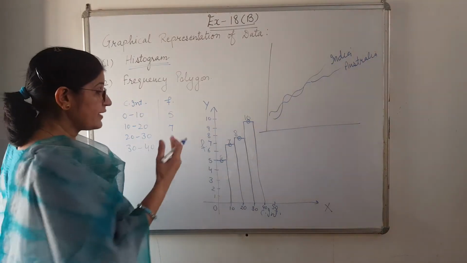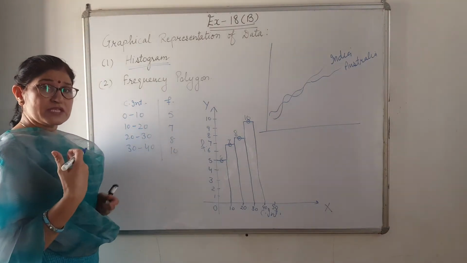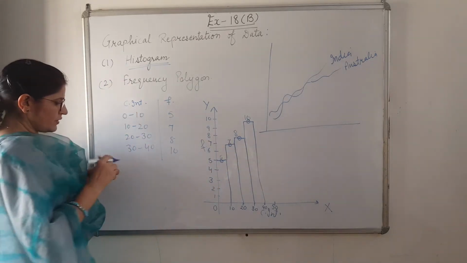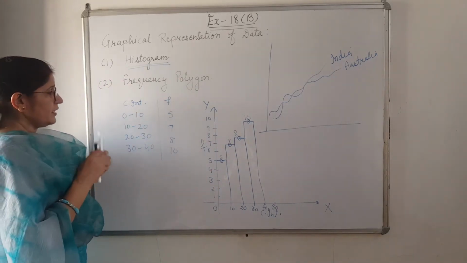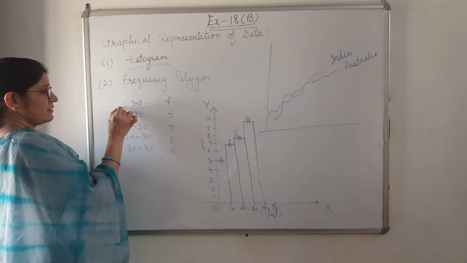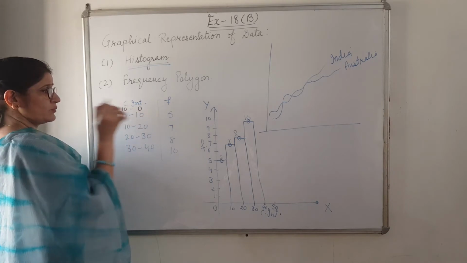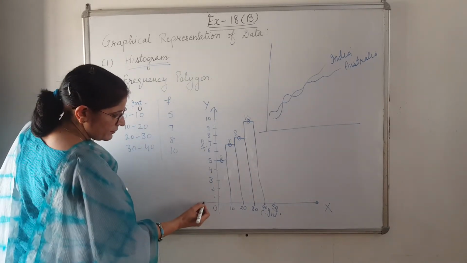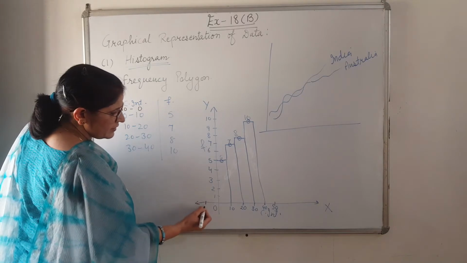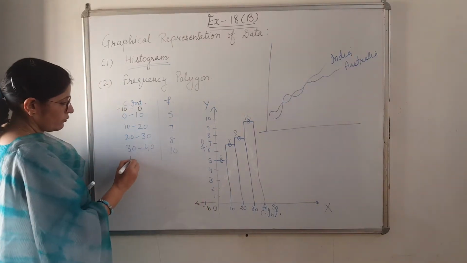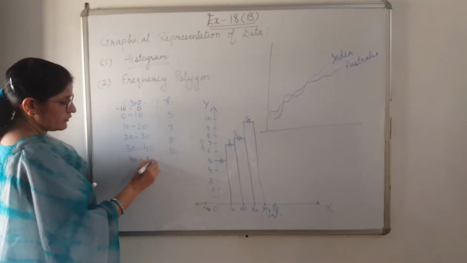No. We have to take one previous class interval and one next class interval. Previous class interval: here we have 0 to 10, so the previous one is minus 10 to 0. Next one, 40 to 50.